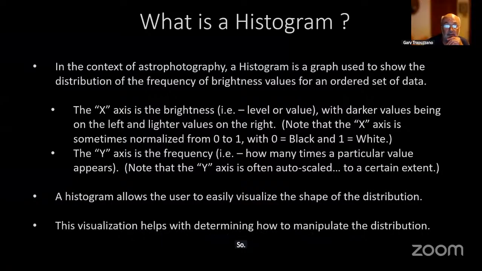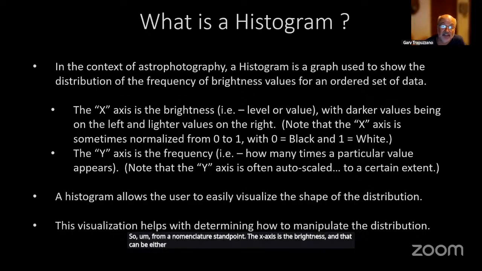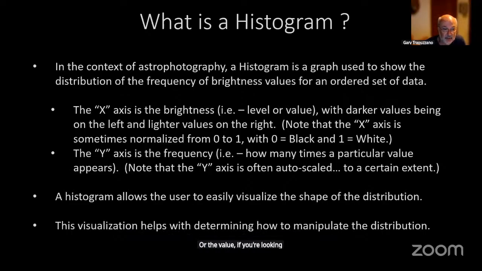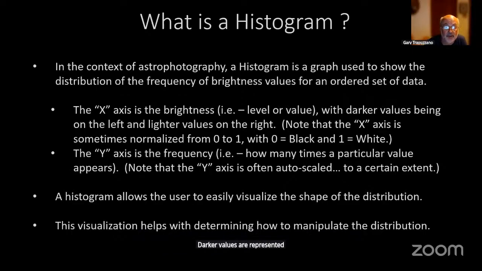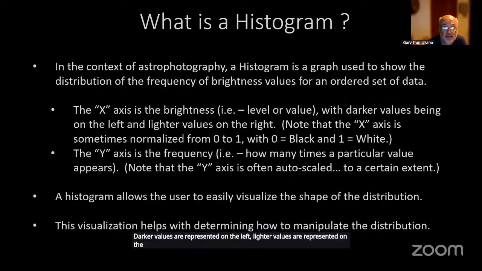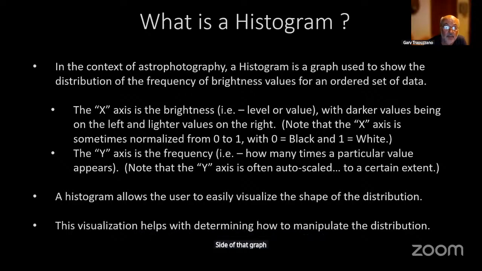So from a nomenclature standpoint, the x-axis is the brightness, and that can be thought of as the level or the value. If you're looking at general light theory, the value is really that brightness. Darker values are represented on the left, lighter values are represented on the right side of that graph. And the x-axis is sometimes normalized from 0 to 1, with 0 being black, 1 being white.